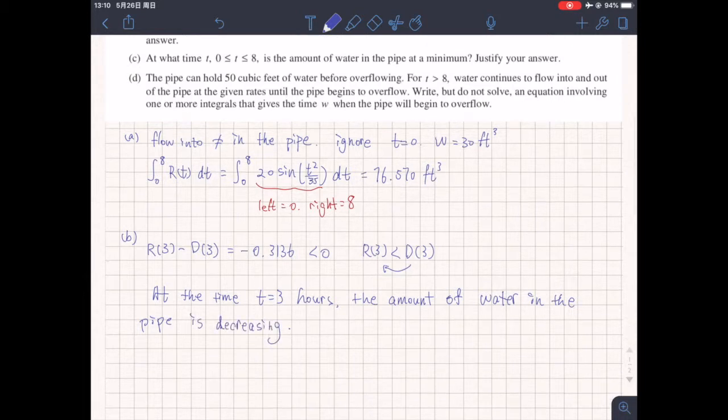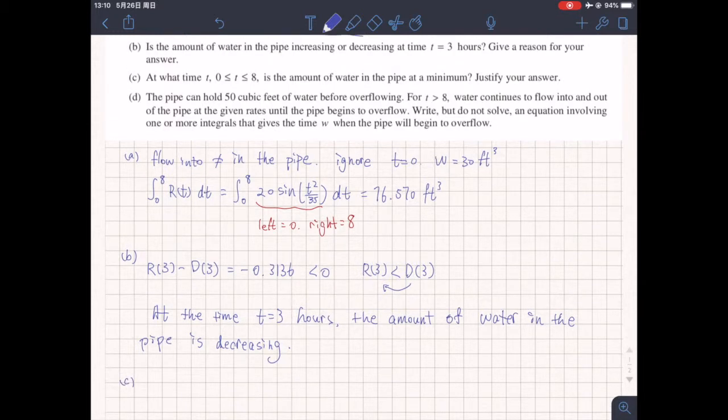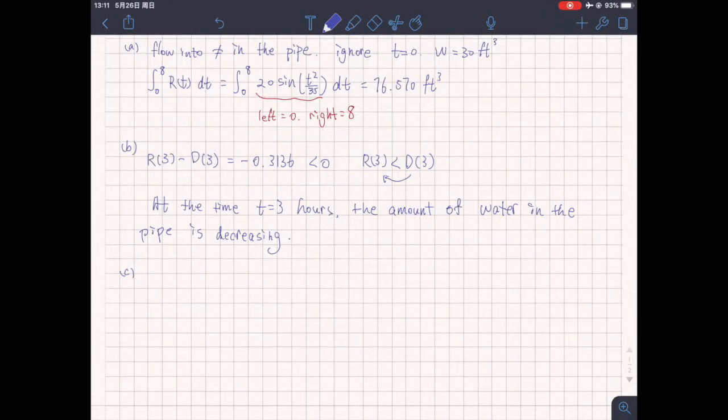About problem C: at what time t in the interval 0 to 8 is the amount of water in the pipe at the minimum? First, we need to find at what time the rate of change of the water in the pipe equals 0, because when the rate of change equals 0, it means it's either a minimum or maximum, because it either stops decreasing or stops increasing.